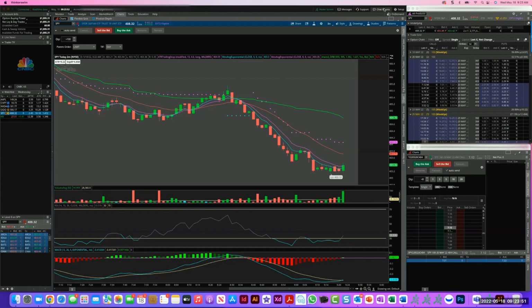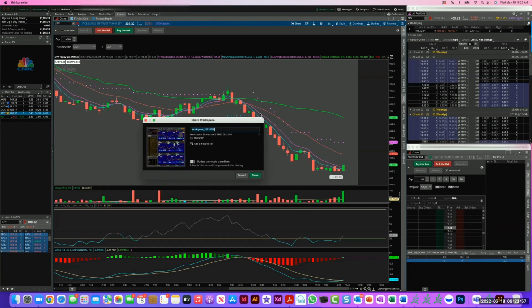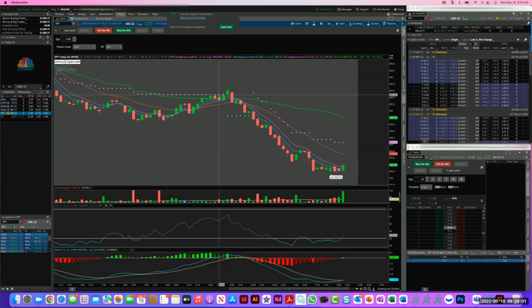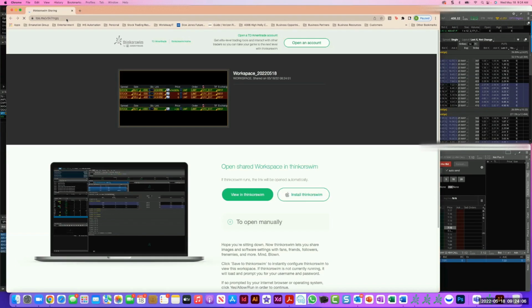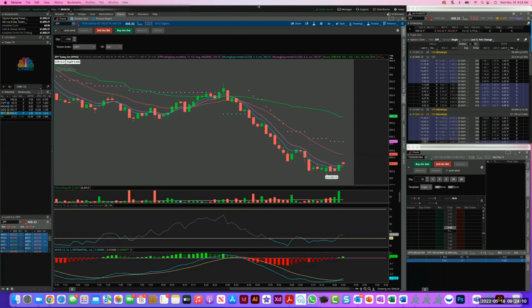But I can easily share this setup with you by clicking Setup, and I'm going to click Share Workspace. So this is it here, Share, and this will give me this link, Open, and I'm going to copy the link here and paste it in the chat, and then you can just grab it whenever you want. Thank you. Yep.